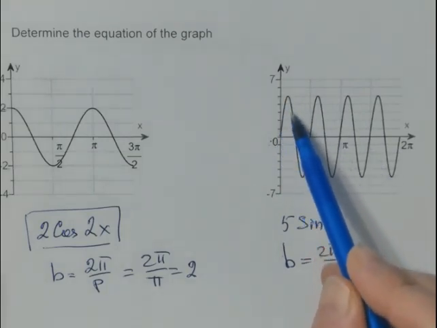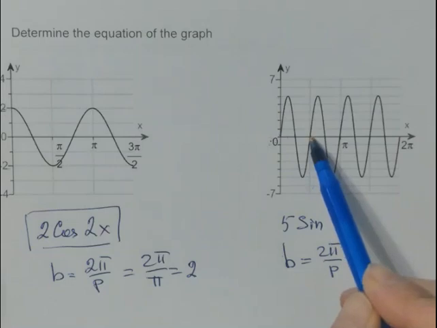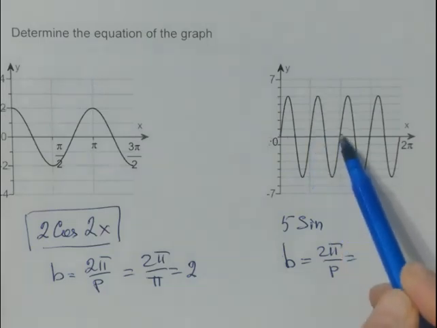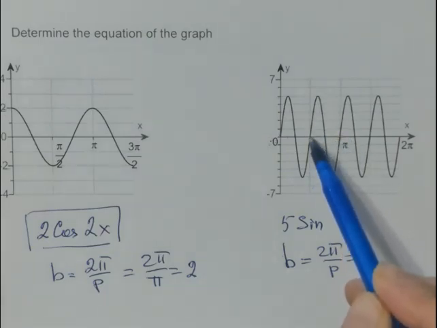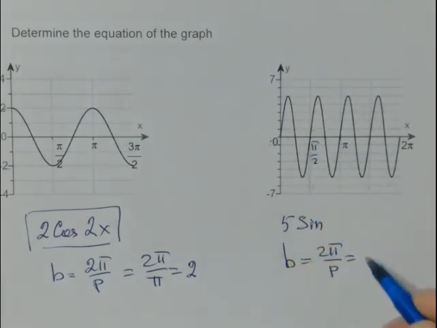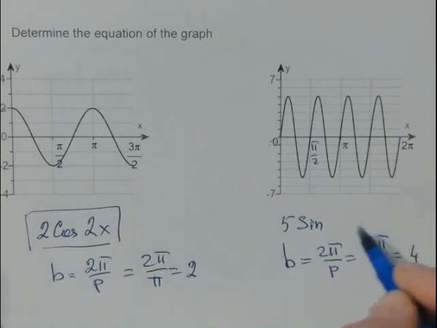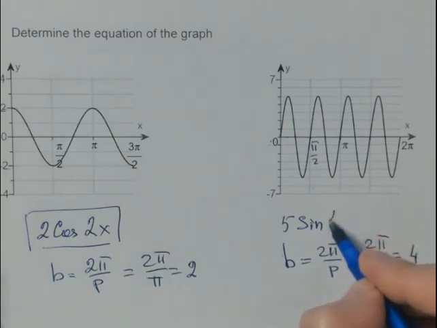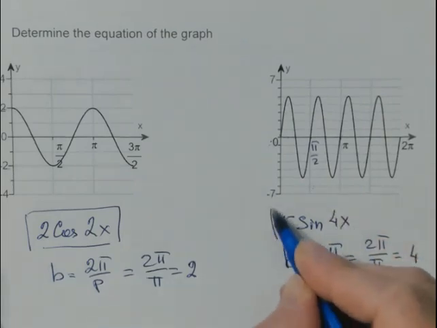Period is 1 sine wave. So 2 waves are on the interval pi. So here must be pi over 2. So the period is pi over 2, and we must divide 2 pi by pi over 2, and we get 4. So it is 5 sine 4x.